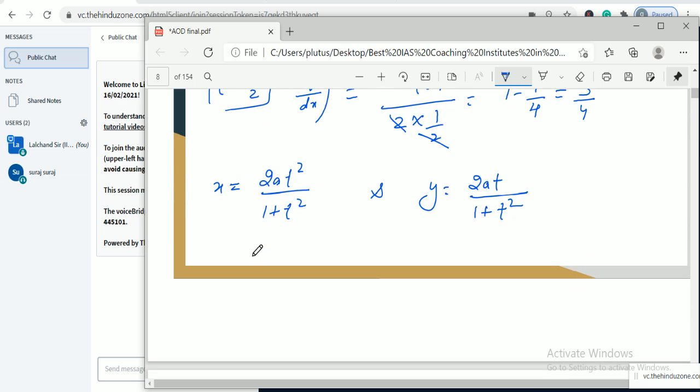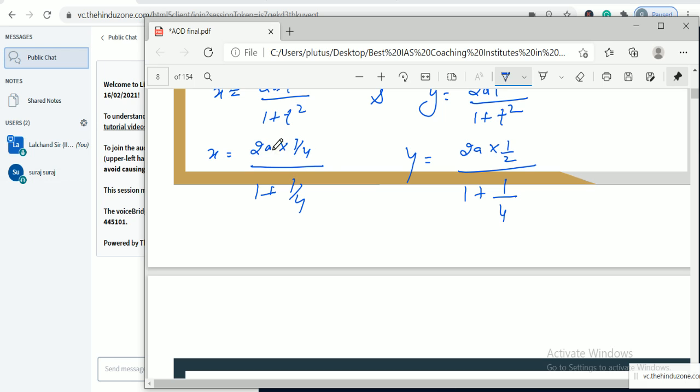If we substitute t equal to 1 by 2 in this, then x value will be 2a into 1 by 4 divided by 1 plus 1 by 4, and y is 2a into 1 by 2 divided by 1 plus 1 by 4. Then finally, if you simplify, we get x equal to 2a by 5, and y will be, this gets cancelled, 4a by 5, isn't it?